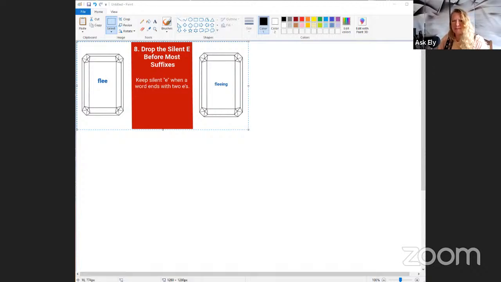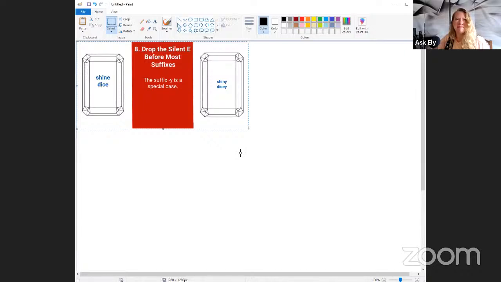All right. So here's the next one. Yes, there's another one. The suffix y is a special case. Oh dear, another special case. So when we have y, the silent E is removed for words like shiny, but kept with dicey. I don't know why.